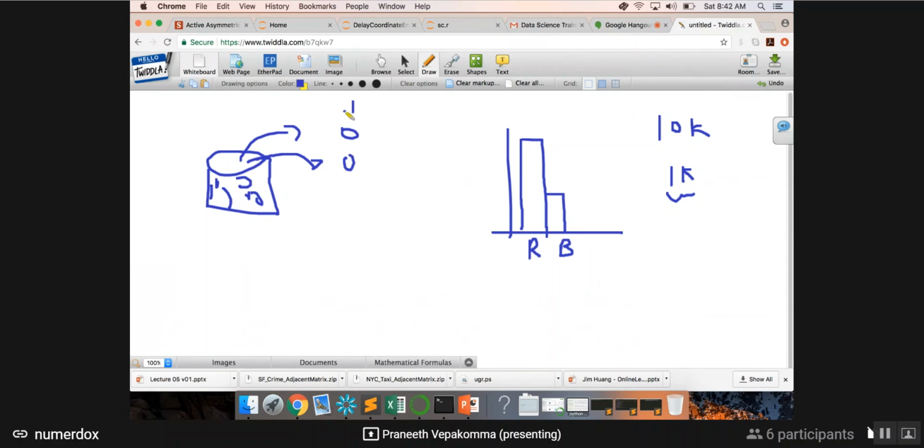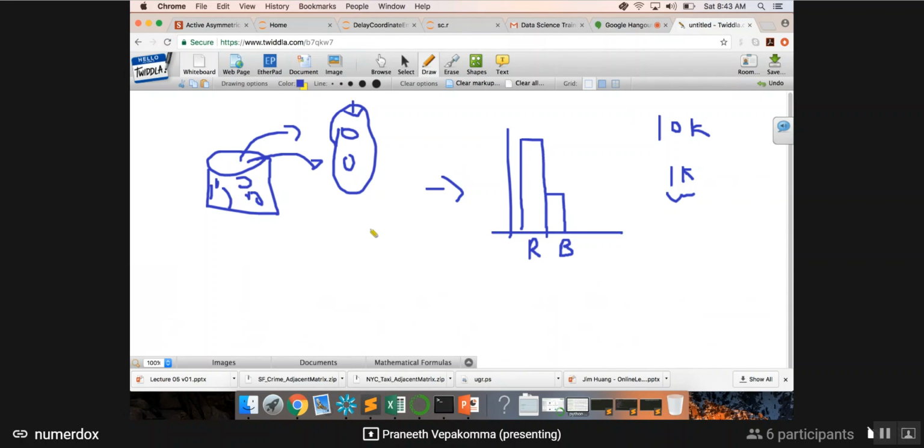Once I have my set of 1,000 balls, I have a subsample generated from the total sample. If I draw a histogram of this, counting how many red and blue balls I have, I bet the shape will look very similar to this. So basically what sampling with replacement is doing is trying to preserve the distribution that you originally have in the population you're sampling from. The distribution in the original population looks similar to the subsample population.